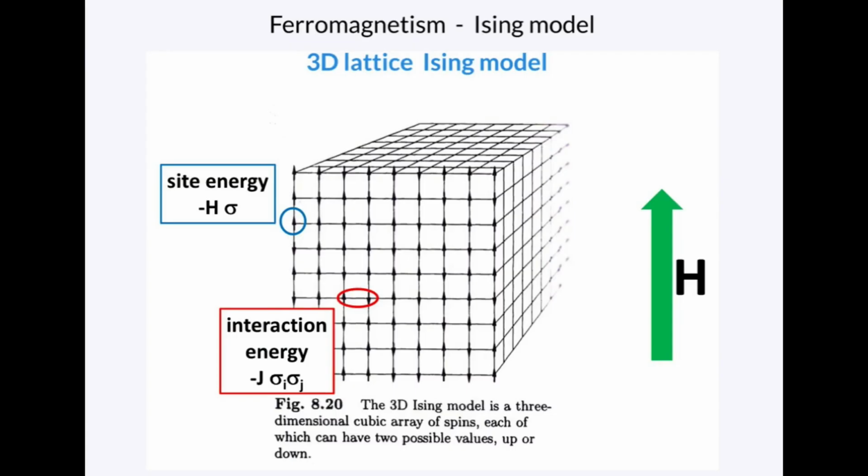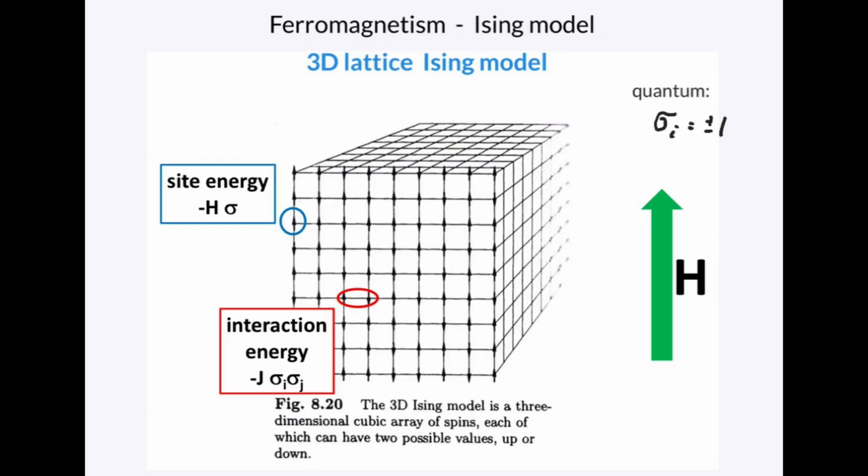We assume that our material is a crystal where on each lattice site there's one magnetic moment. On one hand, this magnetic moment will interact with the external magnetic field H, yielding a site energy of minus H times the magnetic moment, and there is an interaction between two magnetic moments characterized by an interaction energy minus J sigma_i sigma_j.